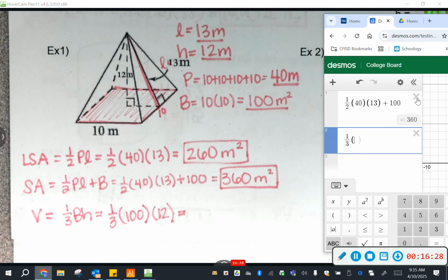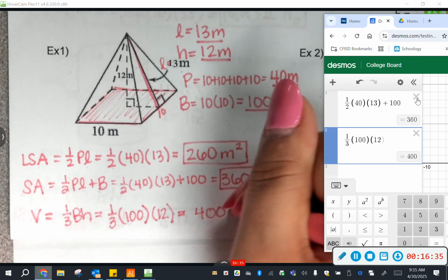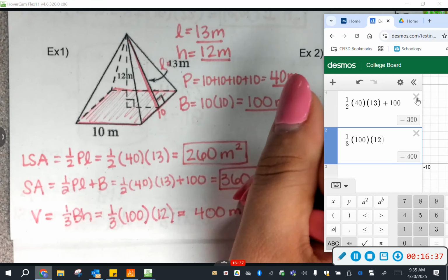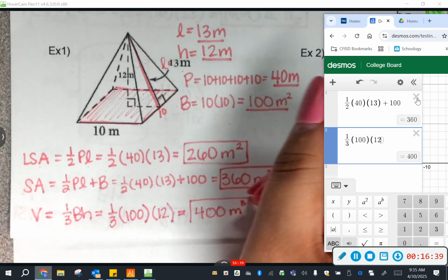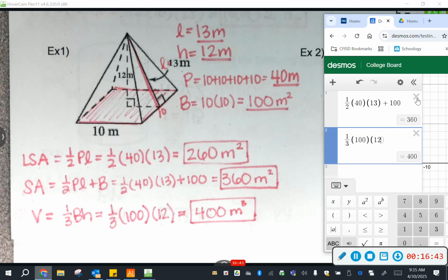So 1/3, 112. It is 400 meters cubed because it's volume. If you do not have that written down, please write that down.